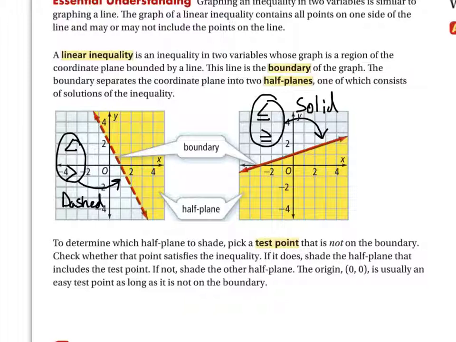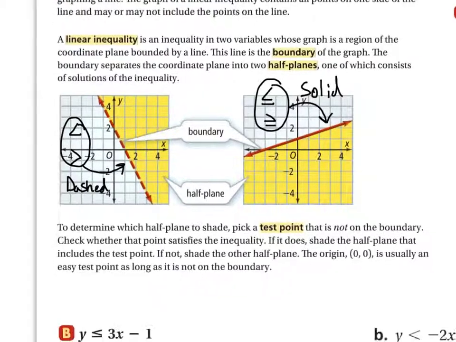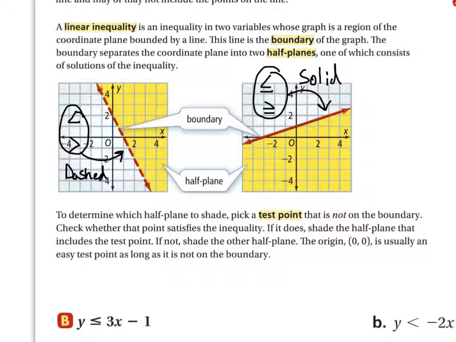So, how do we decide which side has the solutions? Well, to do that, we use a test point. Now, a test point can be any point you want as long as it is not on your boundary line. That's the thing. The test point cannot be on the boundary line, but you can pick any point you want otherwise.